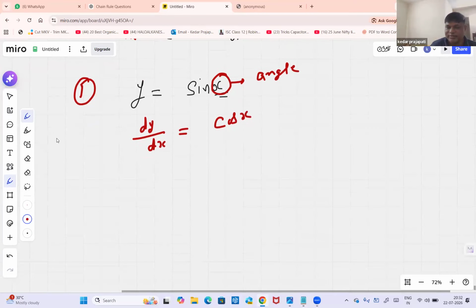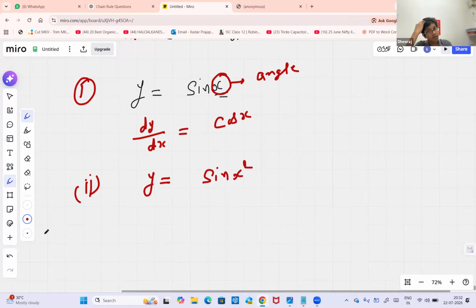Now I am getting this one, right? y equal to sine x square. How will we do now?